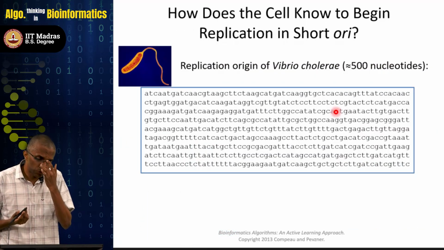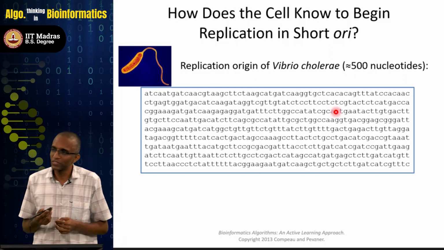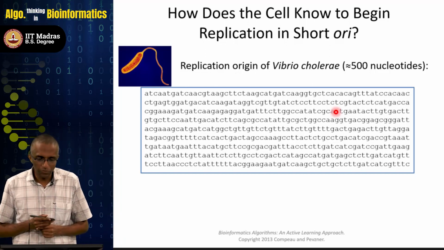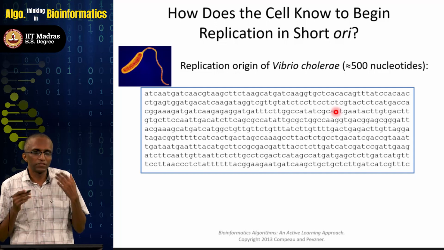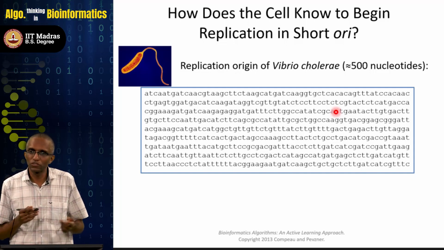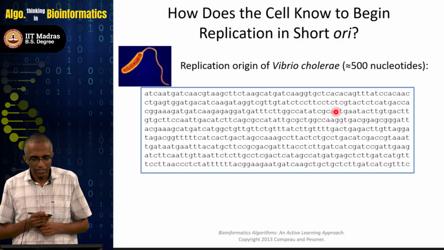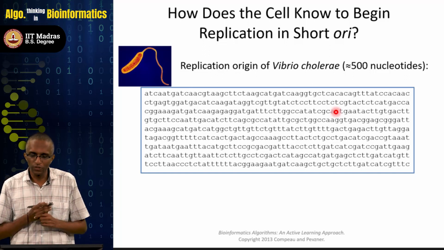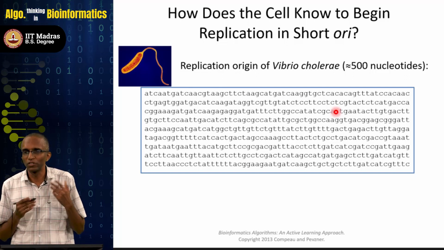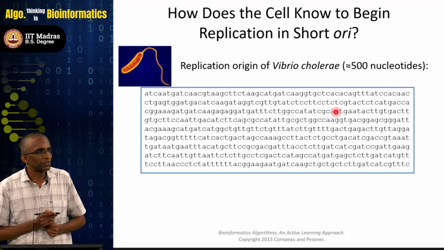To frame it as a computational problem, let us look a little bit more into one known replication origin in a bacterial genome, the one that causes cholera, called Vibrio cholerae. Based on previous studies, we know that this 500 nucleotides is the region which represents the origin of replication for this particular bacteria.